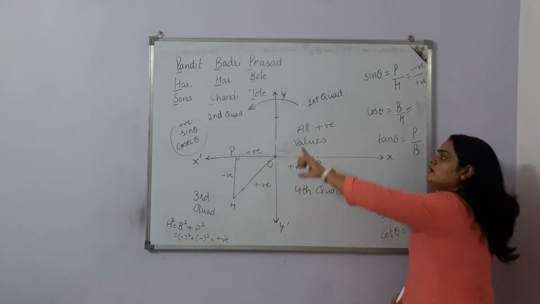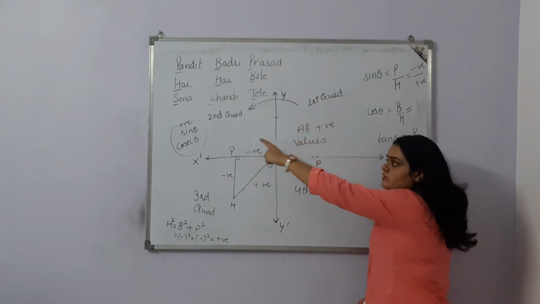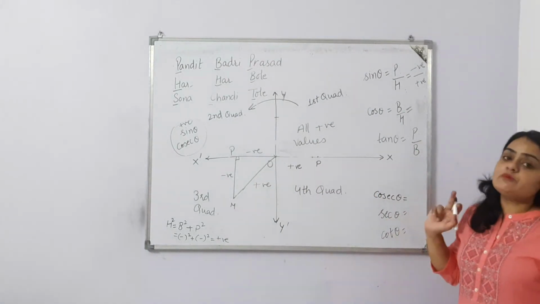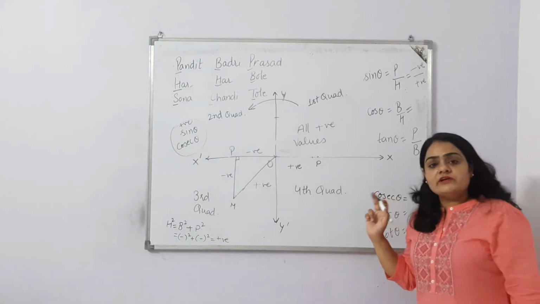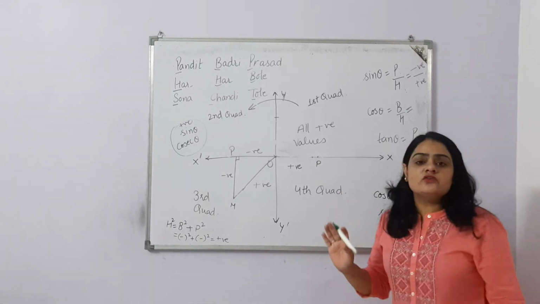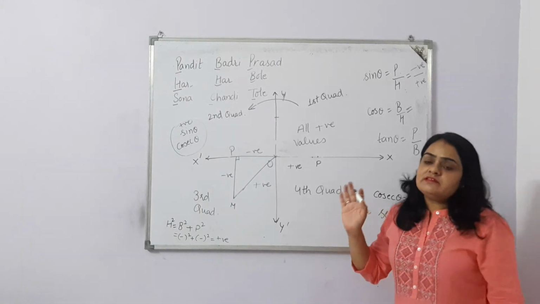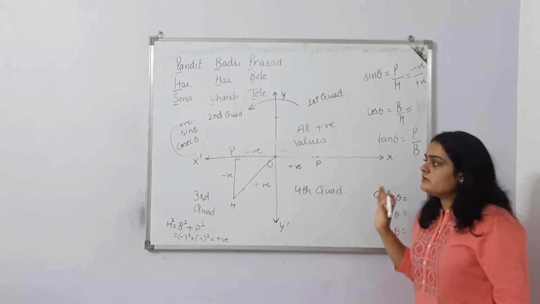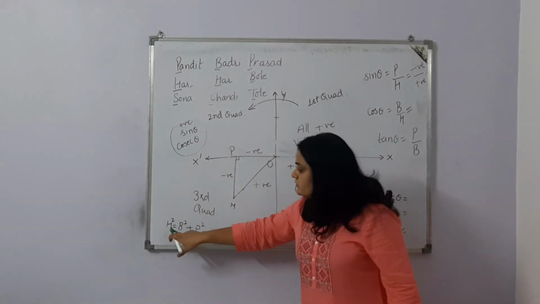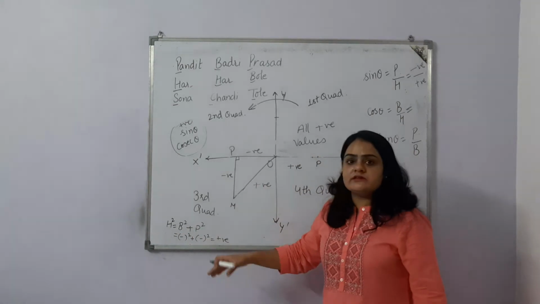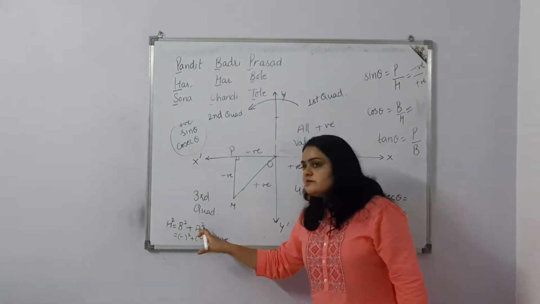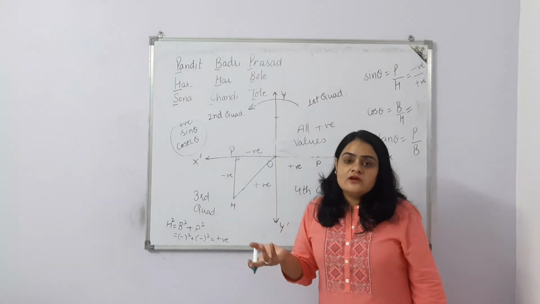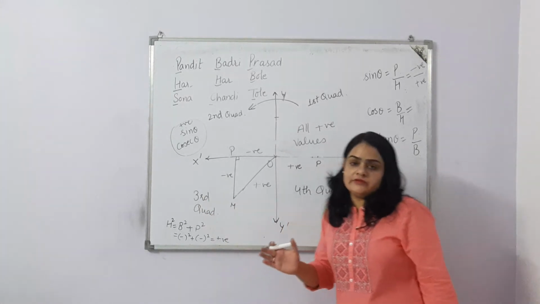But you are watching, in the first quadrant hypotenuse was positive, in the second quadrant hypotenuse was positive, in the third quadrant as well hypotenuse is positive, and in the fourth quadrant hypotenuse will also be positive. That means in each and every quadrant hypotenuse will always remain positive, because hypotenuse square is equal to base square plus perpendicular square. Whatsoever is the base, whatsoever is the perpendicular, when we square it we get a positive answer. So hypotenuse will always be positive.